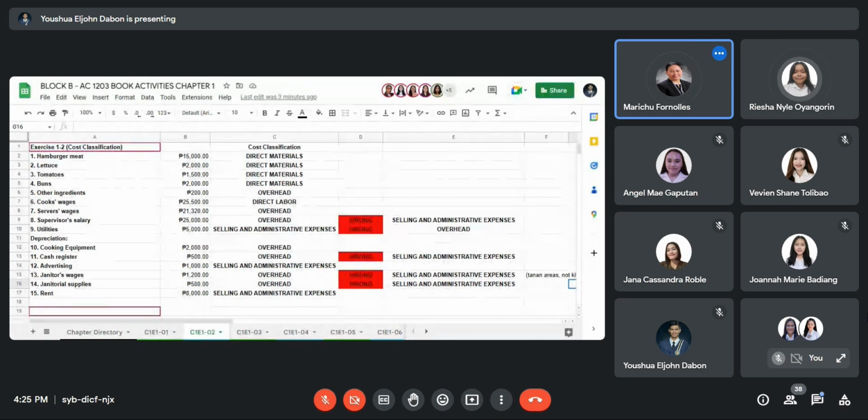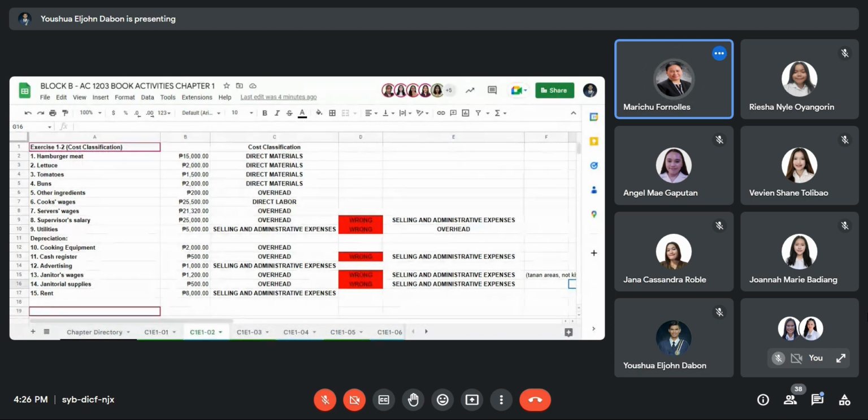Regardless asa ibaligya ang product, the rental is based on what is agreed upon between the lessor and the lessee. So ang rent contract will be signed by the lessee. So ang rental normally or generally is charged to general and administrative expenses.